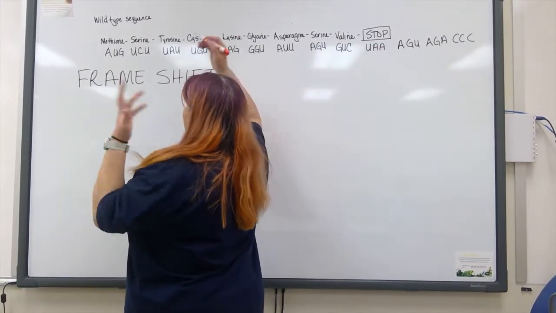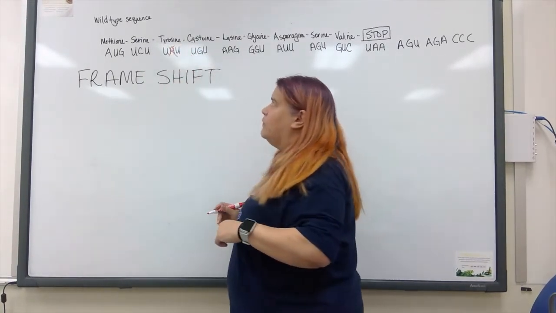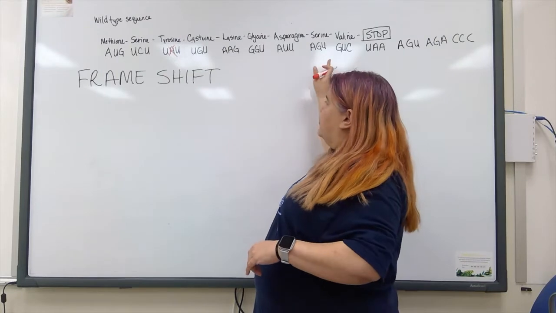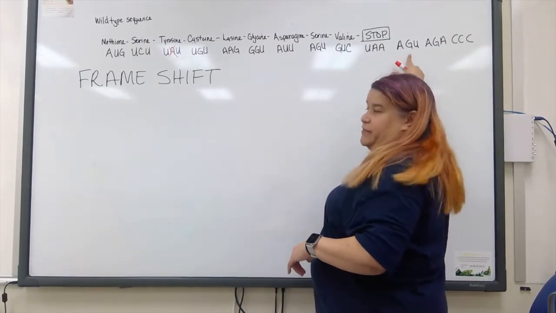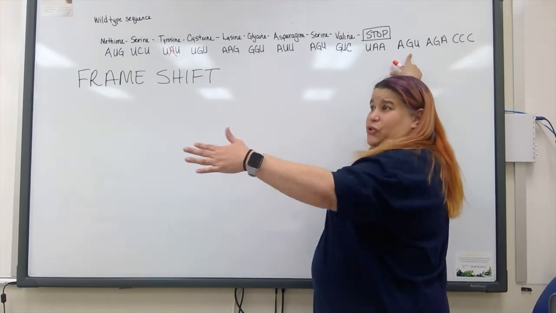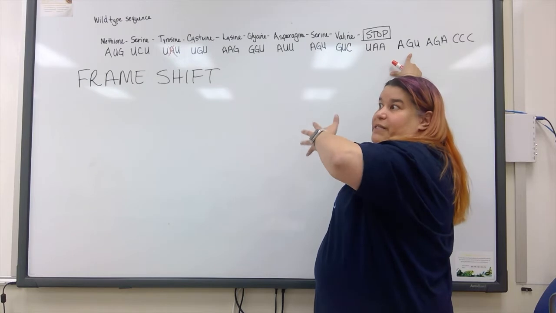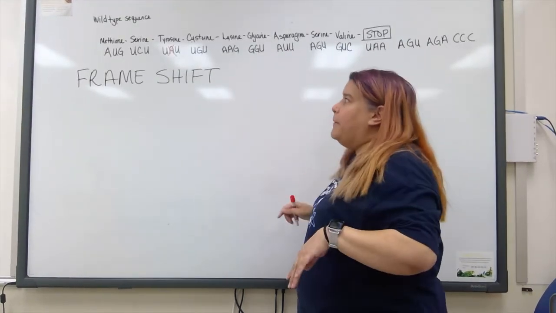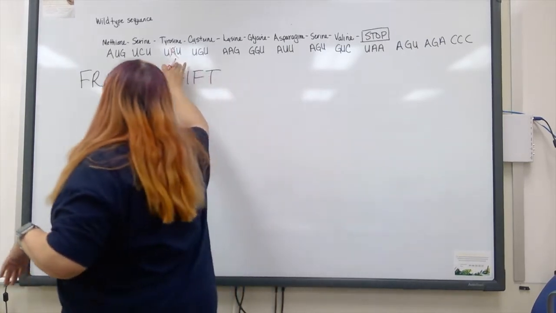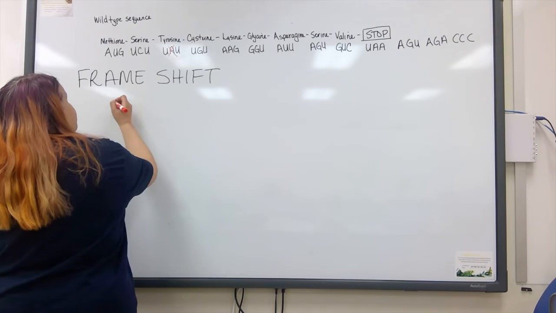So in this case, let's say I delete that. All of these letters shift this way. Now I added a few after my stop because normally there are actually a few more codons after, but since we hit the stop, it stops and it doesn't keep going. But in this case, because of this shift, it's going to change how this entire thing reads.